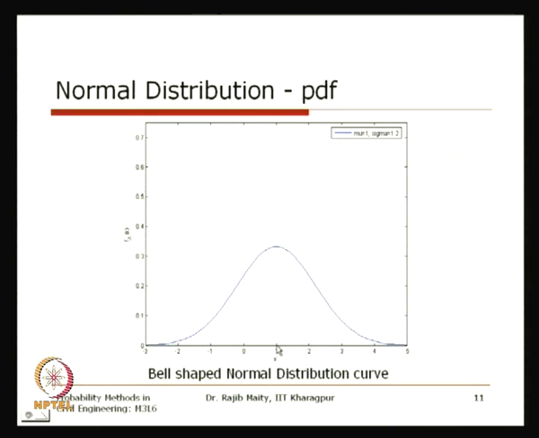So this mu is basically the location parameter where the maximum density is located. Sigma shows the spread over this mean, and we will show in the examples how these things can affect the shape of this curve.